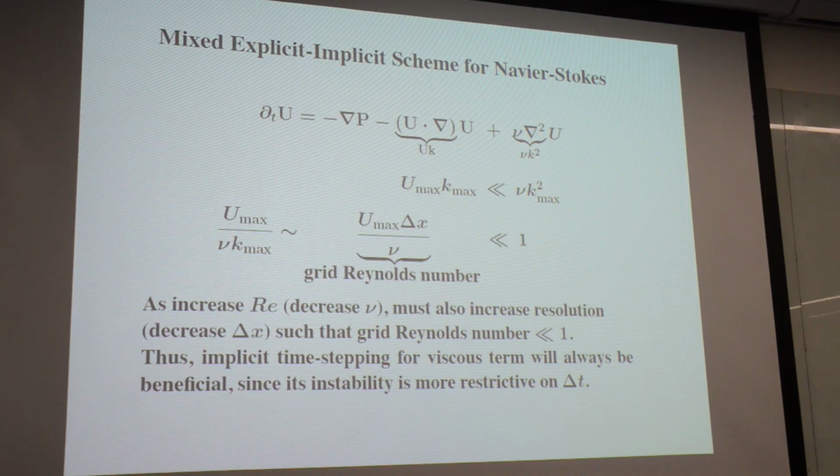So are you saying that if you use the implicit term for the viscous term, what does that tell you about your delta t? Of course your delta t is limited in any case by accuracy. It's nice that your solution doesn't blow up, but it could still be the wrong solution. If delta t is very large, you're not infinite, but you're wrong because all this is based on Taylor series and it stops being true.